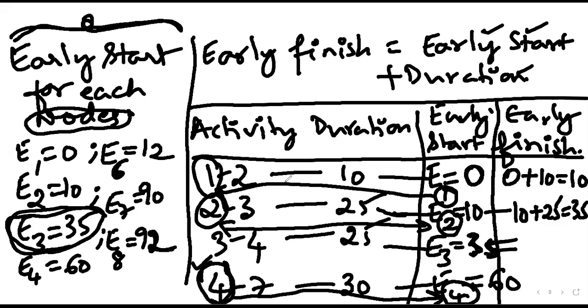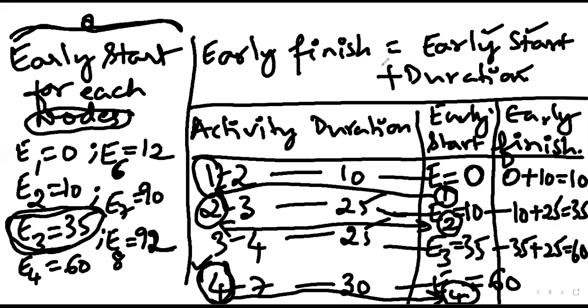Just calculate the early finish for these two activities. For 3-4, what is the early finish? 60. Why 60? Because 35 plus 25 is 60.